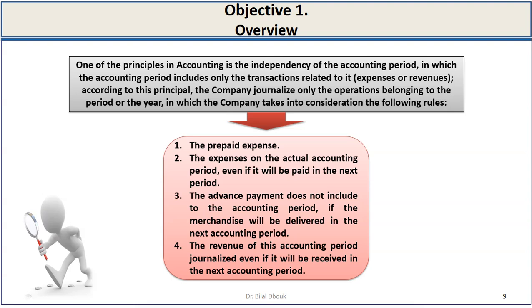So the date of delivery of the merchandise must be carefully considered. The revenue of this accounting period is also journalized even if it will be received in the next accounting period. So these are very important basic rules we must consider related to the independence of accounting periods when we are recording revenues or expenses.